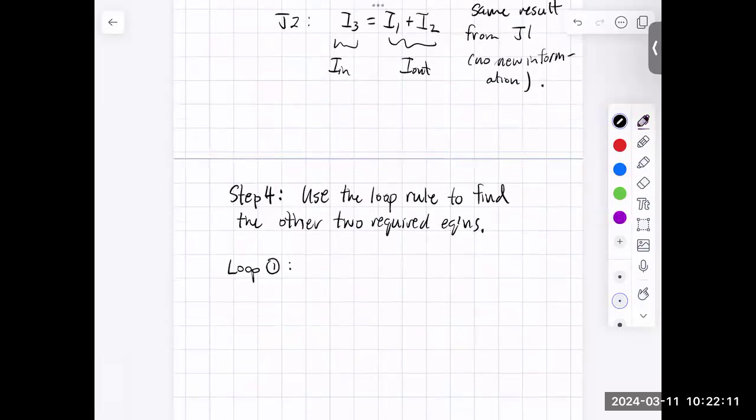The first thing we did is we crossed the battery V1, and I'm going to put a plus sign because we went from the negative to the positive terminal. So we went from low potential to high potential. Then we have minus I1 R1, and this is because we go in the direction of I1. Okay, so those are the two things that we've done so far.